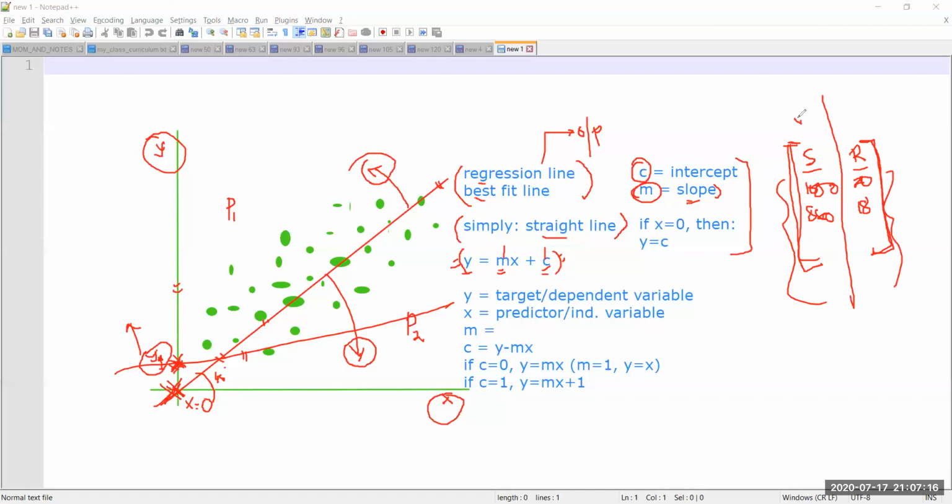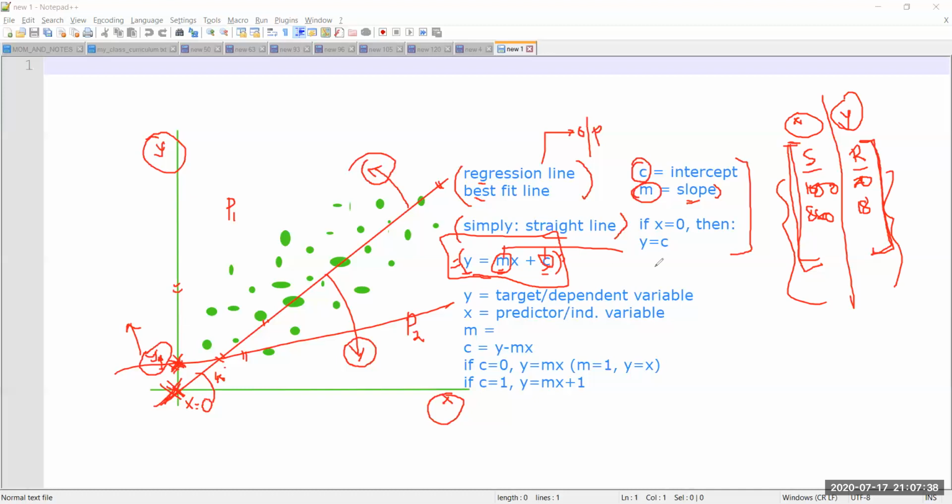You have the x, you have the y. To fit this line, you need to solve this equation. That's why you need to get the values of m and c. The moment you find the values of m and c, you are done. So that is your objective, right?